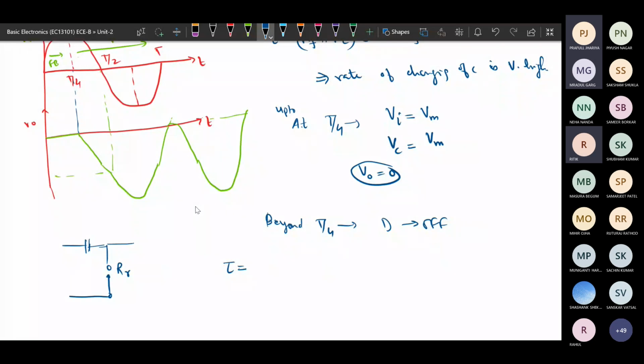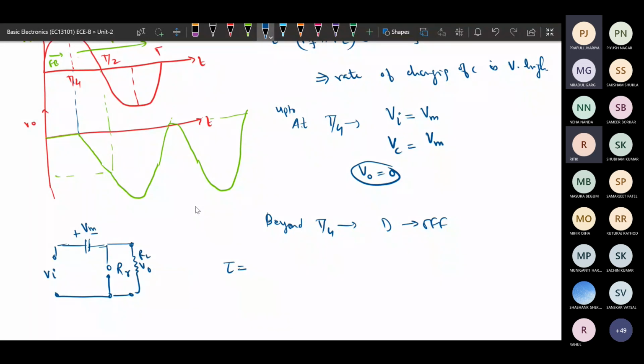Okay. So the time constant in that case will be like this, and here plus and minus Vm will be behaving like a constant voltage source. The capacitor, and here we are applying the input voltage, and here we are getting the output. Also there is a resistor connected here, that is the load resistance.